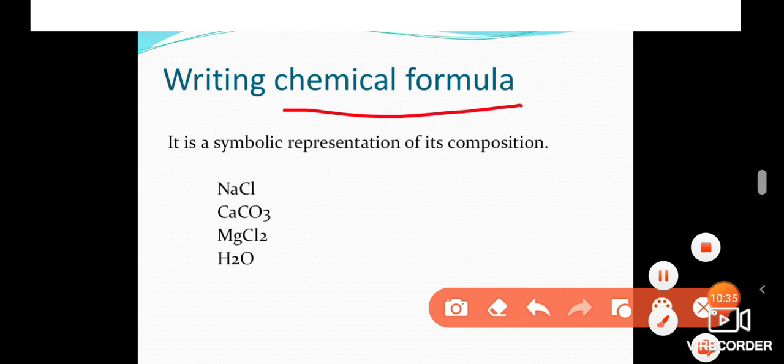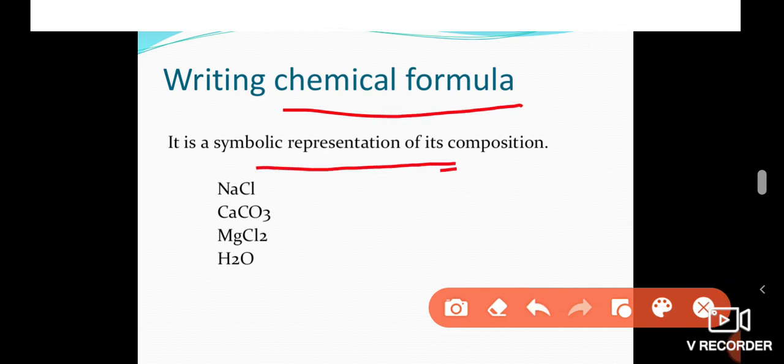The chemical formula is a symbolic representation of its composition. So the chemical formula tells about the composition also. It tells how many atoms are involved and what atoms are involved.